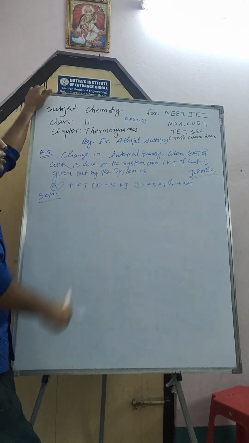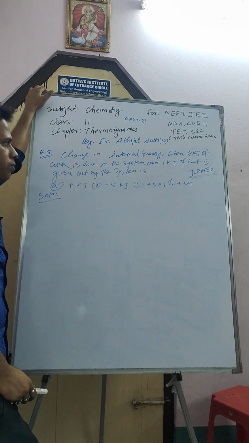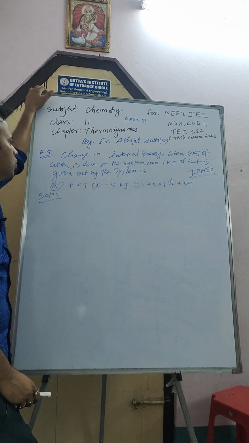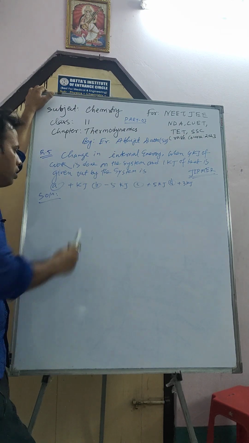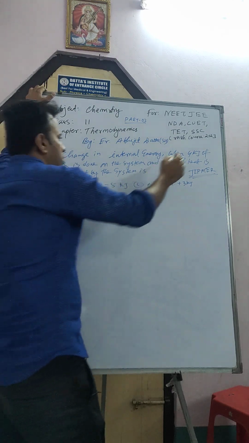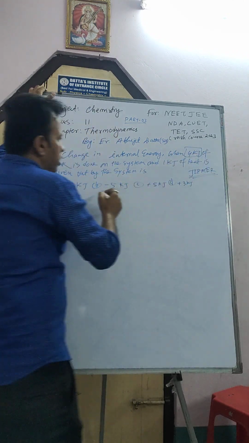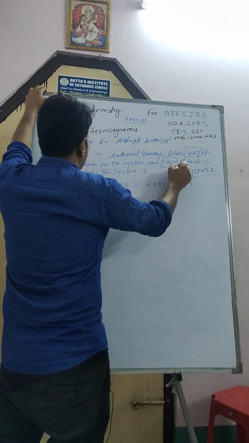The change in internal energy we have to find out when 4 kilojoule of work is done on the system. Note here, this one is 4 kilojoule, and 1 kilojoule of heat is given out.